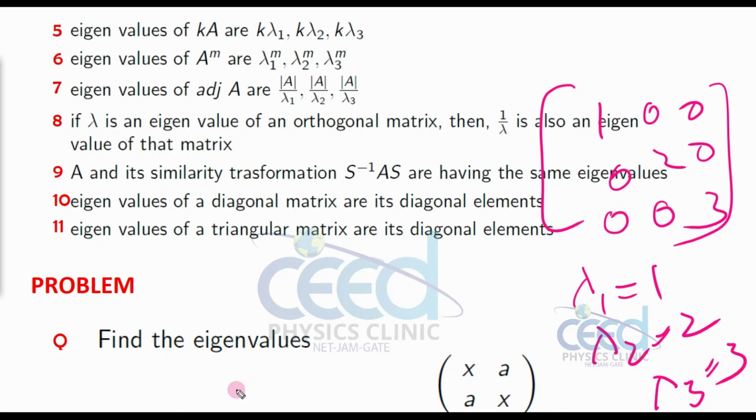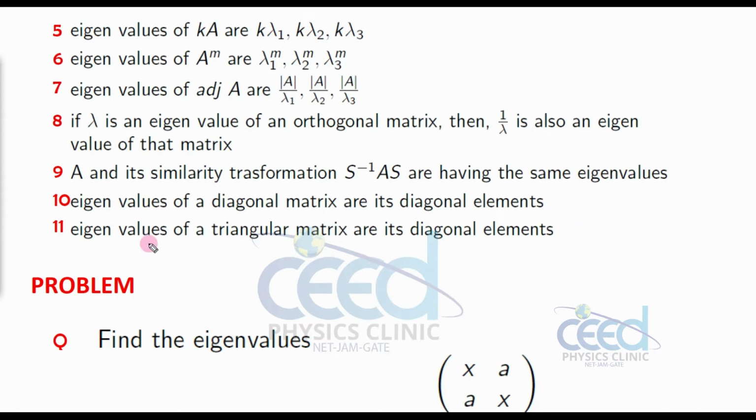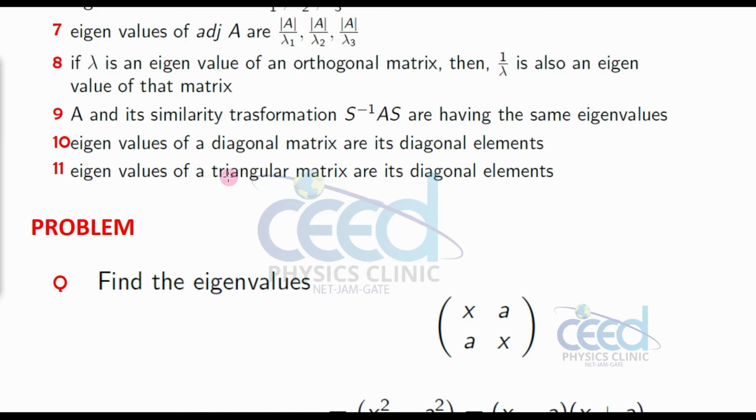For a triangular matrix, whether upper triangular or lower triangular, the eigenvalues will be equal to its diagonal elements. So these are all different properties, and we may get questions based on them. We are also going to discuss some tricks to find eigenvalues.